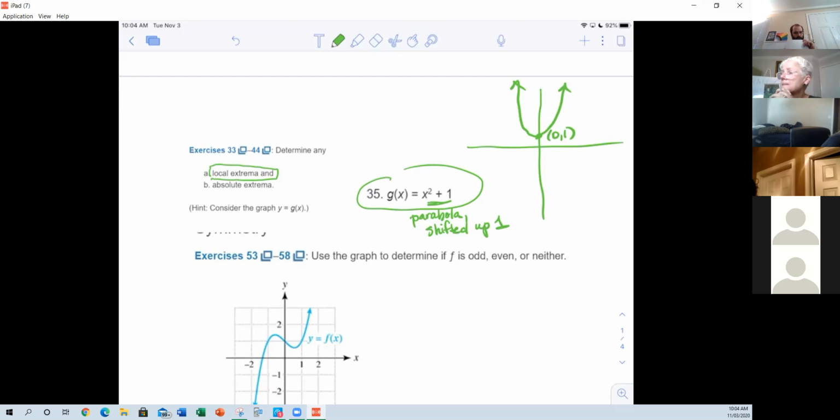The absolute minimum would be 1, but there is no maximum. Right, so the absolute minimum is the number 1. That's the lowest you can go on this graph. So that's also going to be a local minimum. If it's an absolute min, it's also considered a local min. Okay.